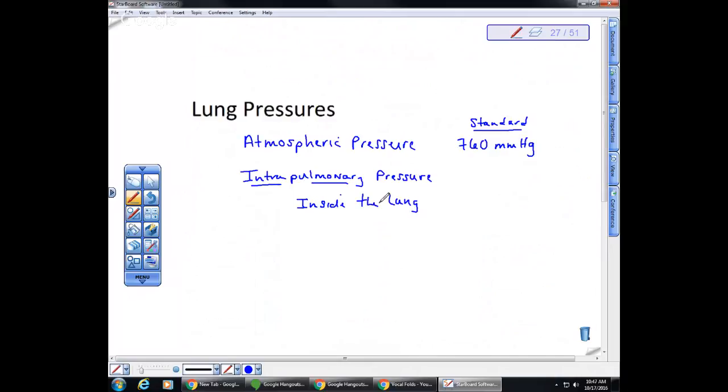So this is in like the bronchioles and the alveoli, right? So inside the lung, including bronchi or bronchioles, small, and alveoli. Intrapulmonary.